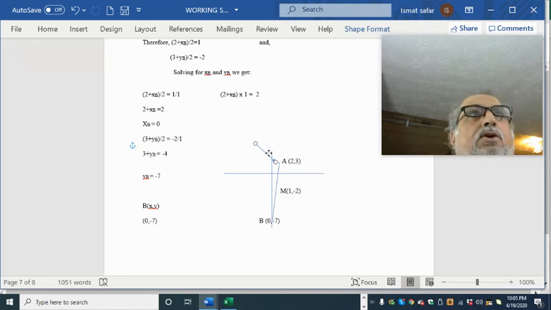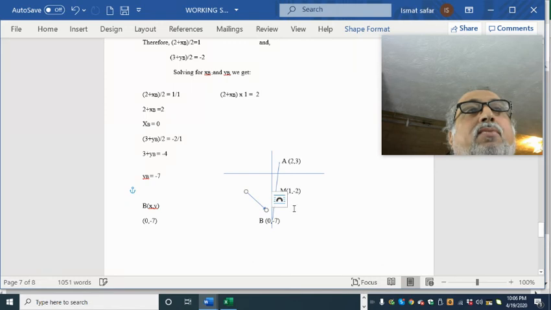That's where the location of that point is: location 2 on the x-axis crossed with location 3 on the y-axis. That's what we mean by x and y coordinates. And these are the coordinates for M, 1, comma, negative 2, and for B, 0, comma, negative 7.